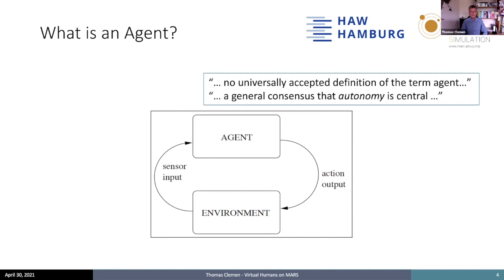But I would put the focus on autonomy. I'm considering agents as autonomous software programs that can interact with the environment, they can sense the environment, they can interact with each other.